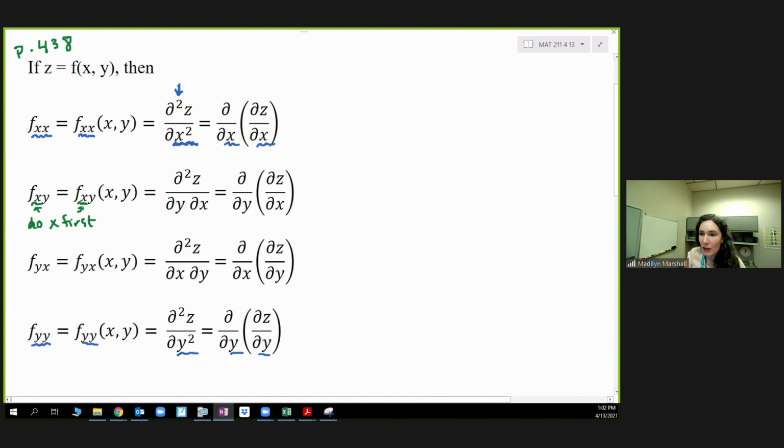So we're doing the derivative with respect to X first, and then the derivative with respect to Y. When we write it in the dx, dy notation, it's the inside variable that looks like it's coming second, but that actually means first. So here we're doing X first.